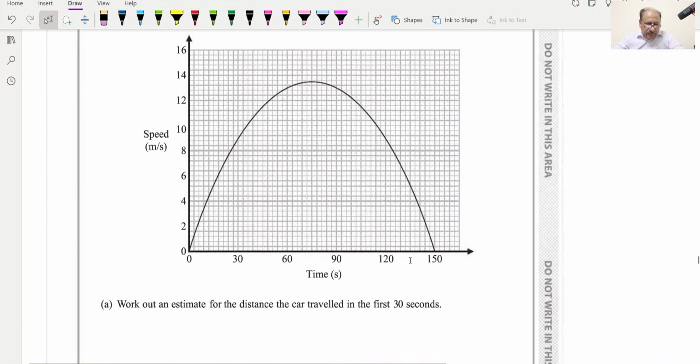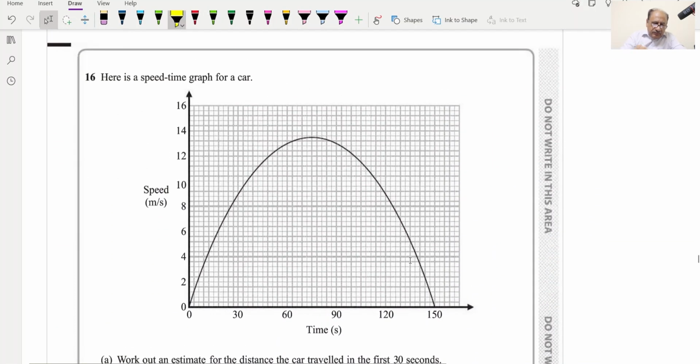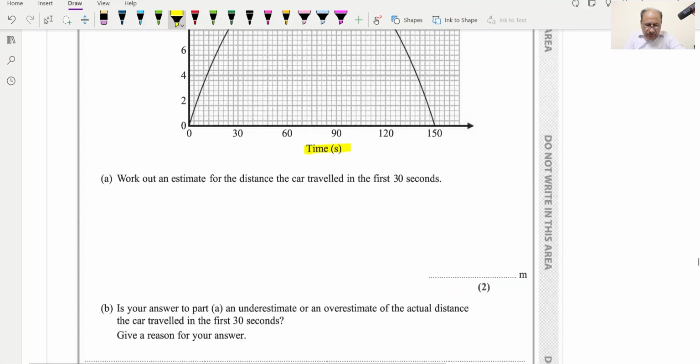Now question number 16. Here is a speed time graph for a car. This side is speed, this side is time. So work out an estimate for the distance the car traveled in the first 30 seconds.